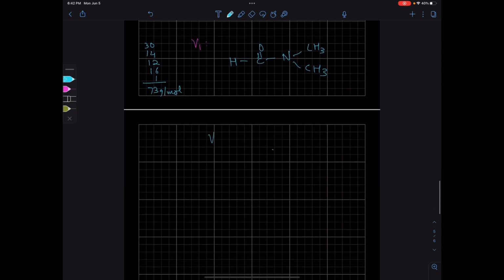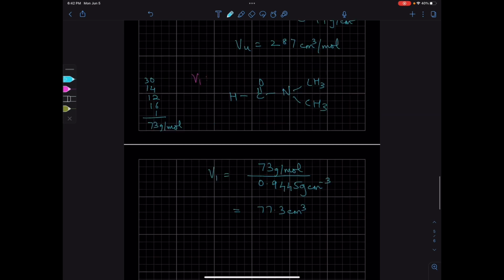So V1 would be the molar mass, 73 grams per mole, over the density, which is given to us as 0.9445 grams per centimeter cube, and that is 77.3 centimeter cube per mole.